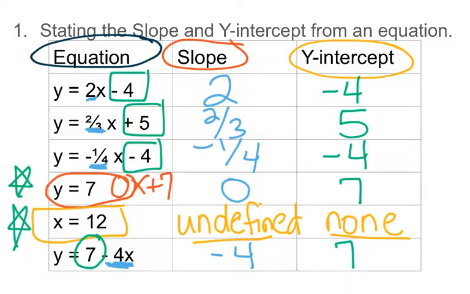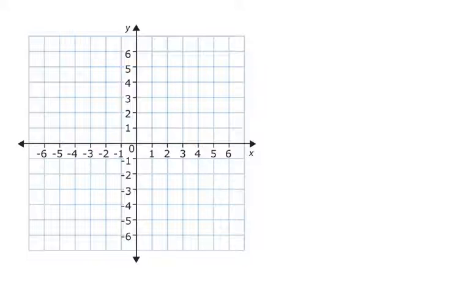The y-intercept is the number by itself, 7. When there is no y at all, it's a special case. The slope is undefined, and there is no y-intercept. So that's one of the things we wanted to do with this lesson, is be able to state the slope and the y-intercept from an equation.